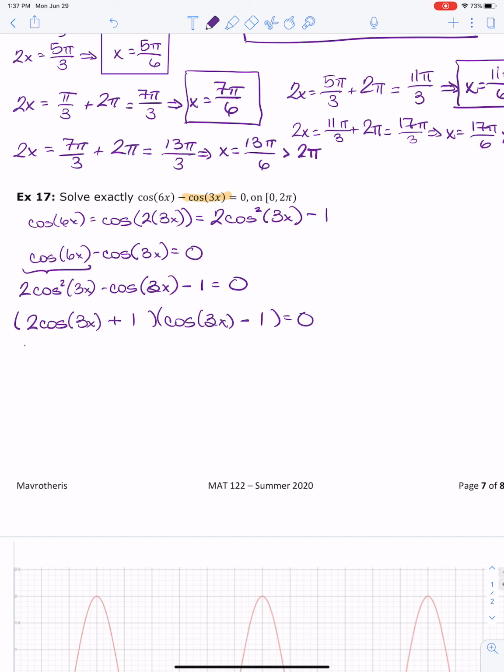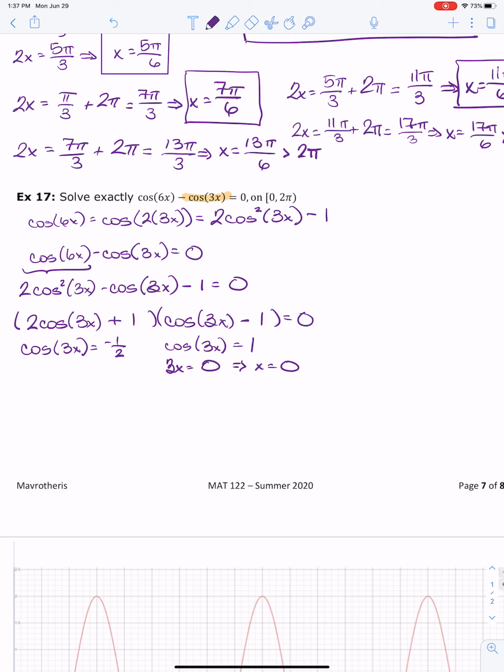And so I end up with cosine 3x equals negative 1/2, and cosine 3x equals positive 1. So let's see, cosine at 0 is 1. So 3x equals 0. Divide both sides by 3, and I get x equals 0.